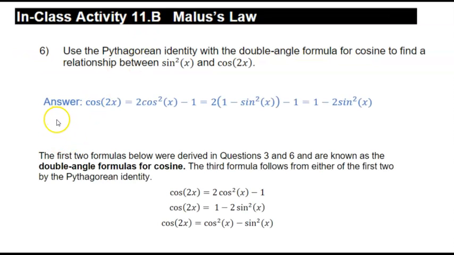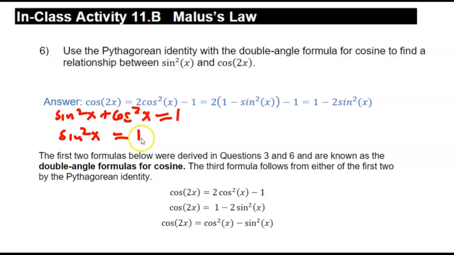Now, with the Pythagorean identity, we know that sine squared x plus cos squared x is equal to 1, which means that sine squared x is equal to 1 minus cos squared x, and also cos squared x is equal to 1 minus sine squared x.